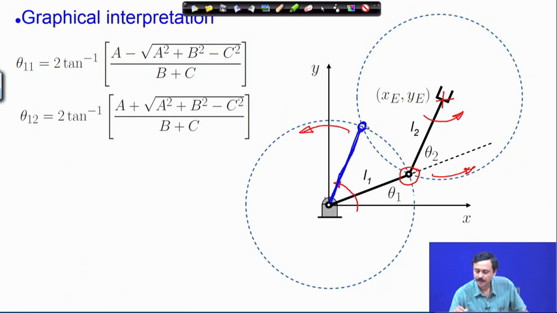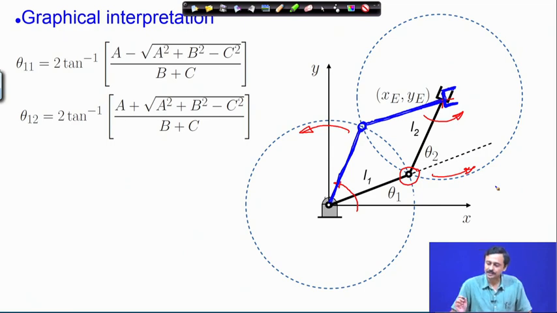So, here and here. These are the 2 solutions.